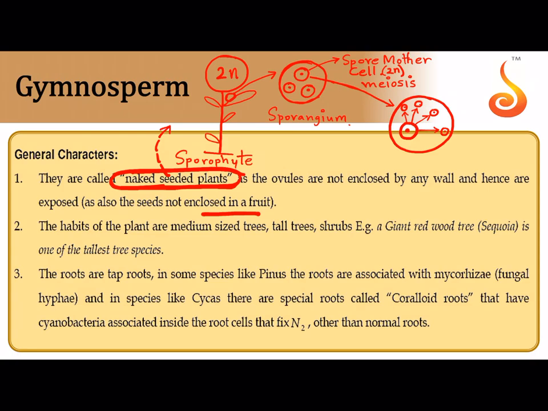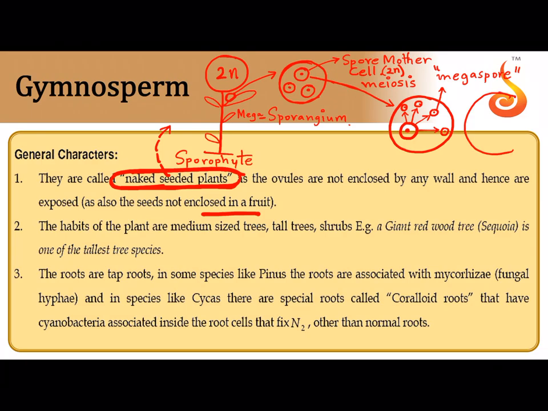And what are these haploid spores now? In this plant, let me call these haploid spores megaspores. There are plants which produce tinier spores called microspores, but here I am saying this is a megaspore. So what will this sporangium be called? It will be called a megasporangium.